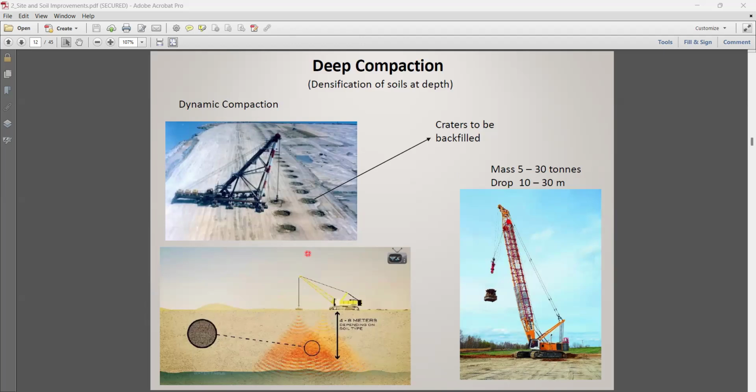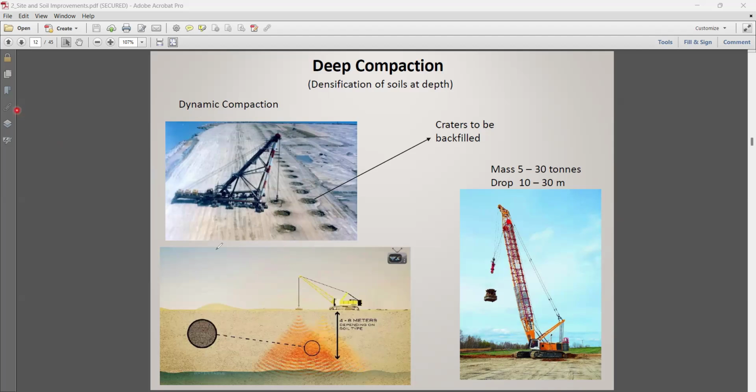These are some photographs showing how they have done it. This is the sort of weight that is being lifted and dropped. Once it drops, it will make holes, we call craters like this. This is actually a really good diagram.